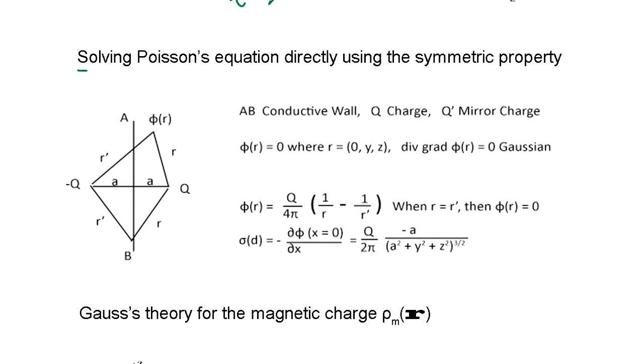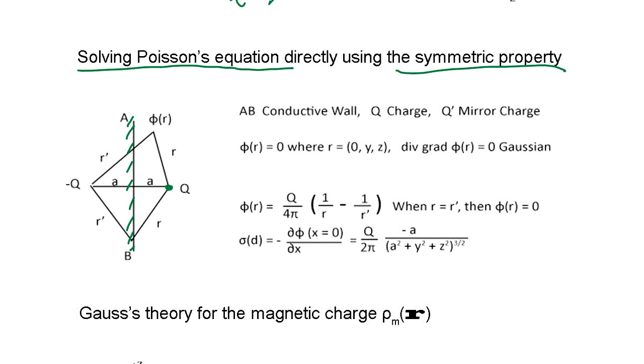This is solving Poisson's equation using a symmetric property. So the Gauss law is not necessary to solve Poisson's equation. For example, in this case, you have a conductor, a mirror, and the charge is sitting in front. So how do you calculate the field?